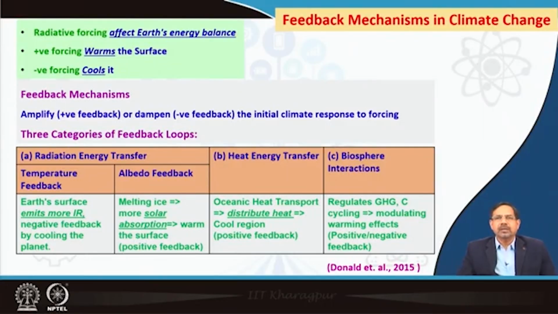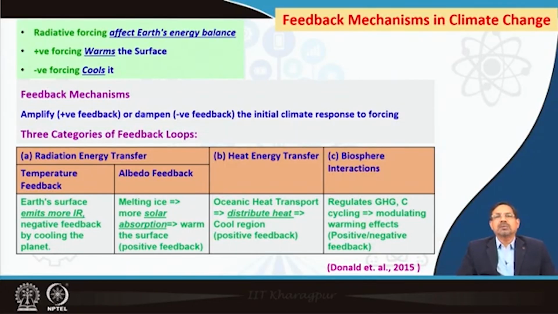We can divide it into two parts, the temperature and albedo feedback. In terms of the temperature feedback, the Earth's surface emits more of the infrared radiation, which is a negative feedback by cooling the planet surface. That means if it is emitting a lot, it is giving a negative feedback, that means it leads to cooling.